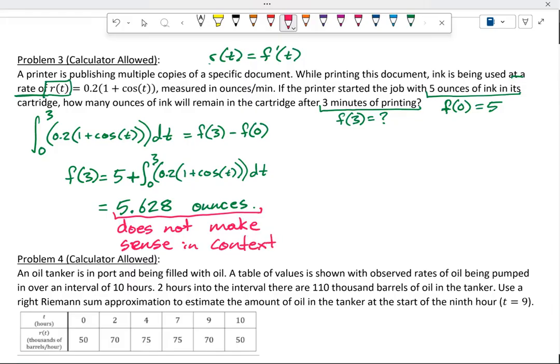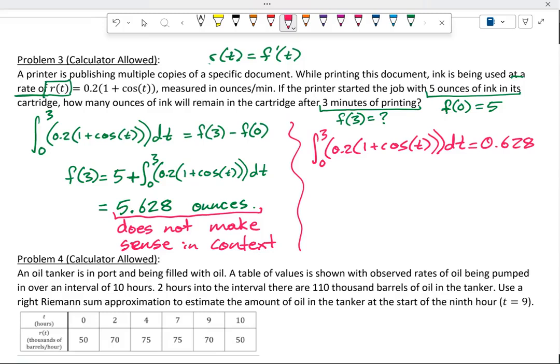All right? So, when we do the integral for this problem, the integral from 0 to 3 of 0.2 times (1 plus cosine of t) dt, which looks like it was 0.628, that number is actually how much ink was used.